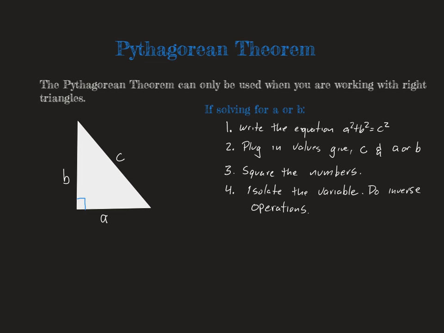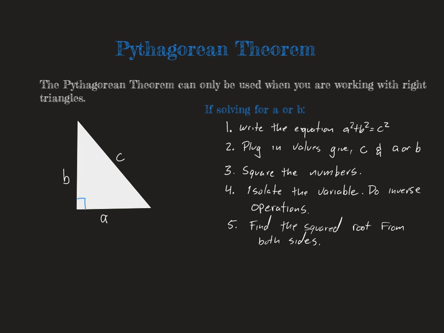Then you're going to find the square root. So the only thing that changed was step 4. In the previous one, you had to combine a and b, but in this one, you're going to actually have to subtract. So let's look at the example that we did.